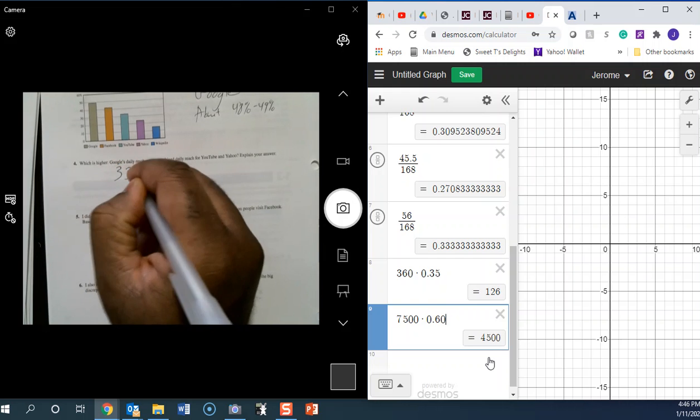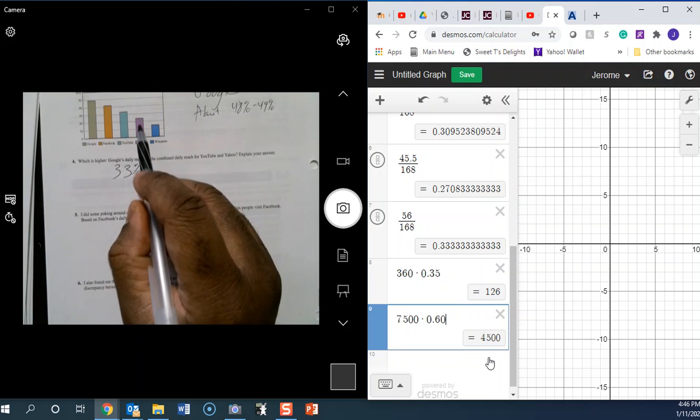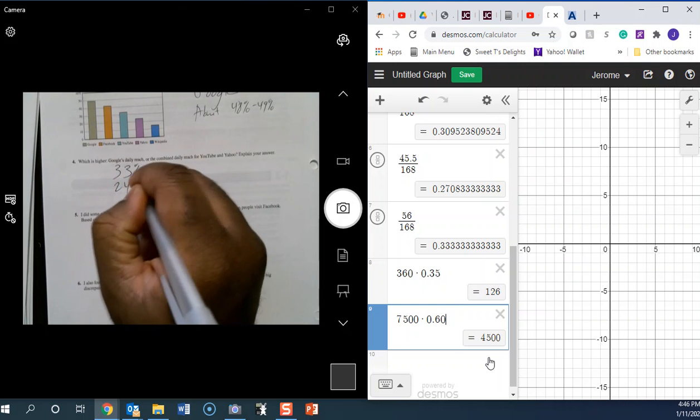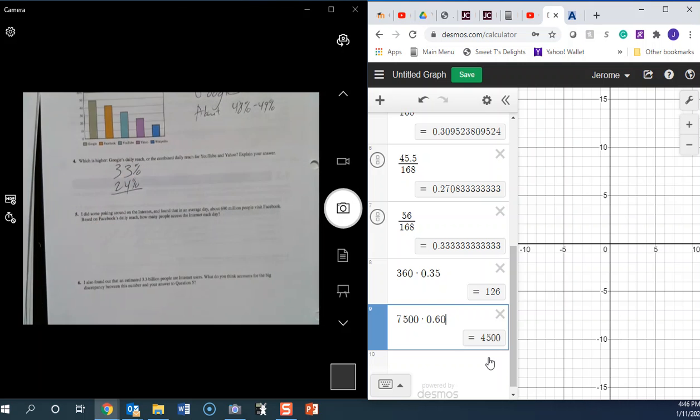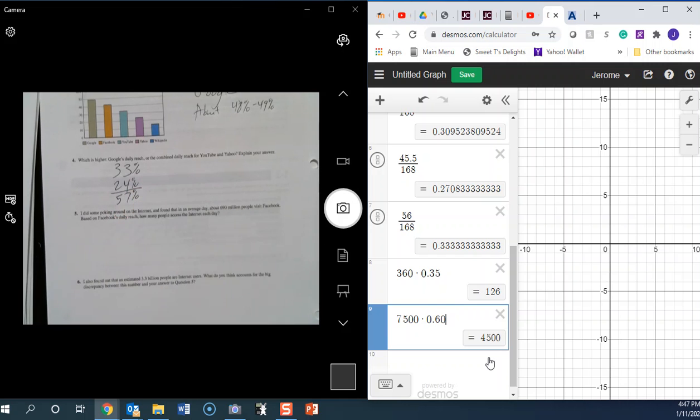Let's just go with 33%. Then we go to Yahoo. It looks like it's almost directly in the middle, a little under the exact middle, so that'll be about 24%. So when we add these up, that'll be 57%.